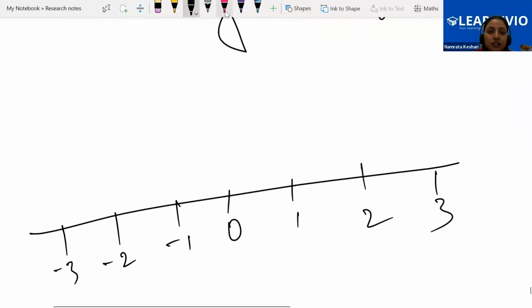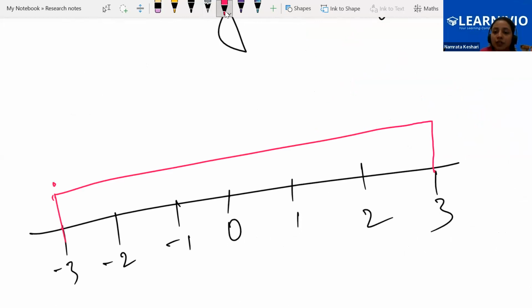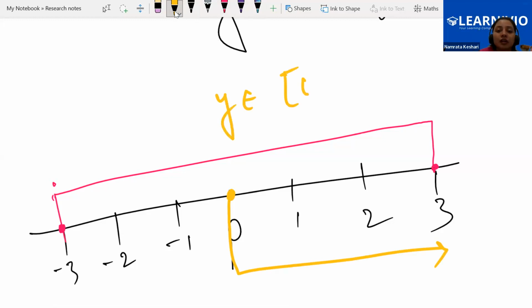One of the conditions says that y will lie from here to here. Solid points I am making, that y is going to touch these two. And the other condition says that y will be a positive number. That means it has to be greater than 0. Till how long we don't know. If you take the intersection of both the intervals, can you say that y will lie in the interval from 0 to 3? Can we?